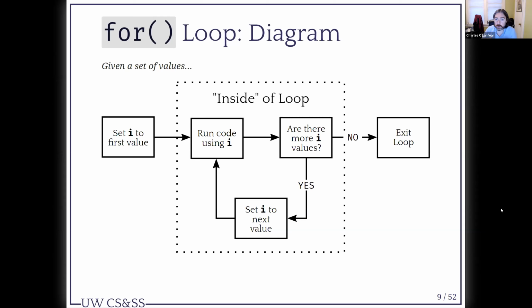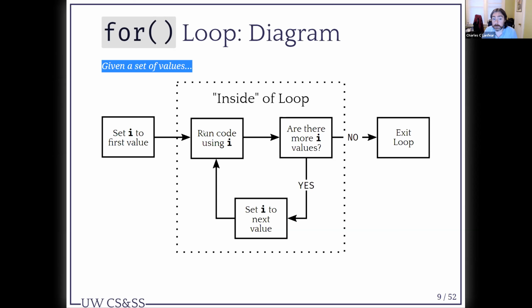Graphically, a loop looks like this, and the reason it's called a loop is you can think about it like this. It actually draws sort of a loop graphically. Given some set of values, let's say we're going to iterate over the variable I. So let's set I to be the first value of that set of values.